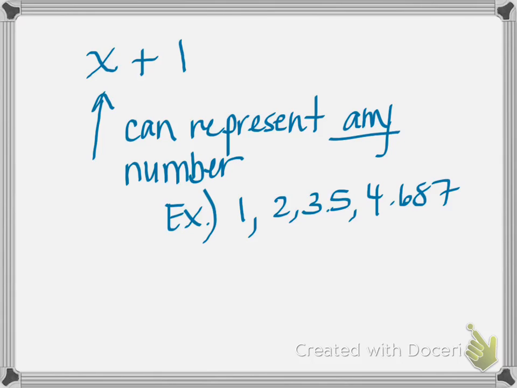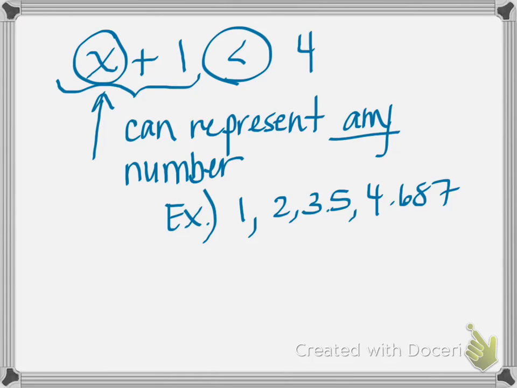So let's say we have x plus 1, and then we have 4. I can say that x plus 1 is less than 4, in which case x would have to represent something that when we add whatever value for x and 1 together, it's always less than 4.